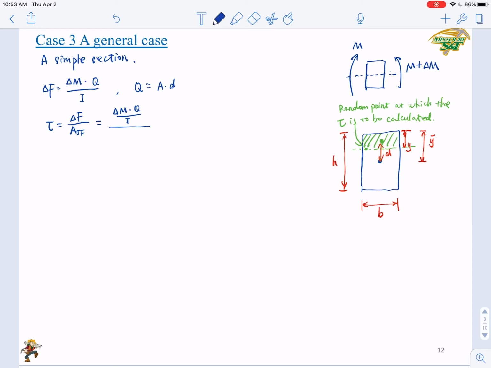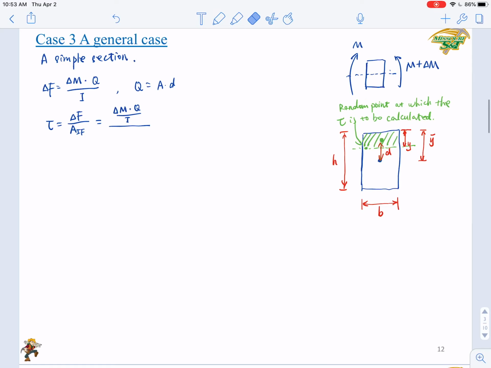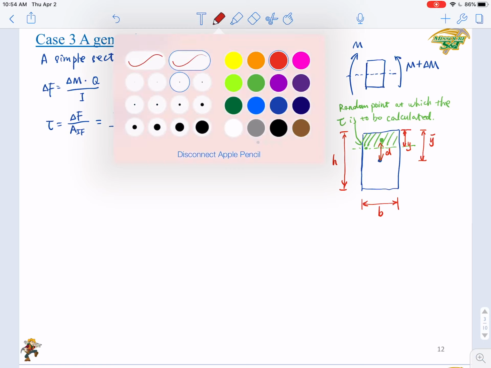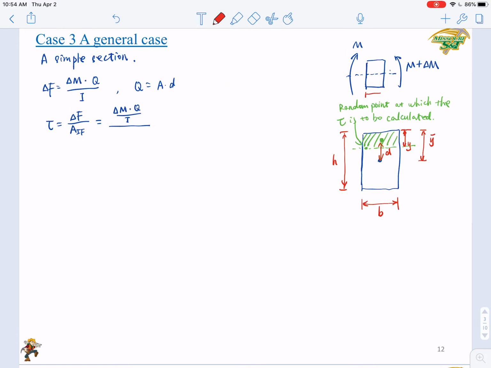So if we give you that the length of the beam segment is delta X, the area of the interface will be delta X by B, right?